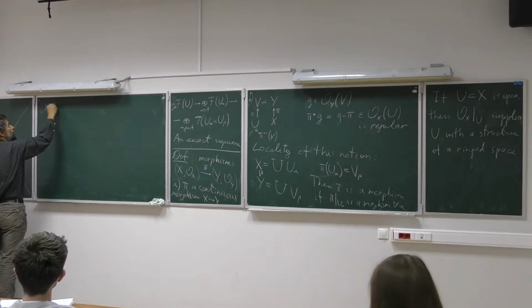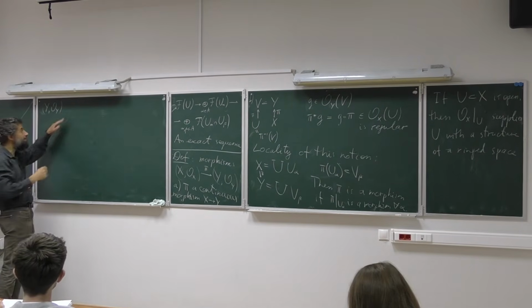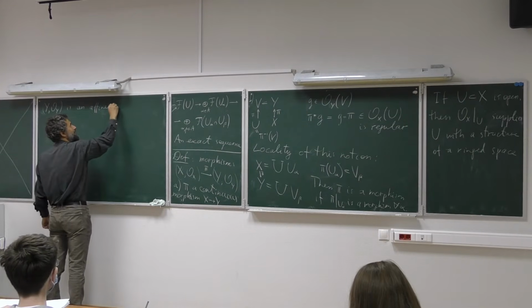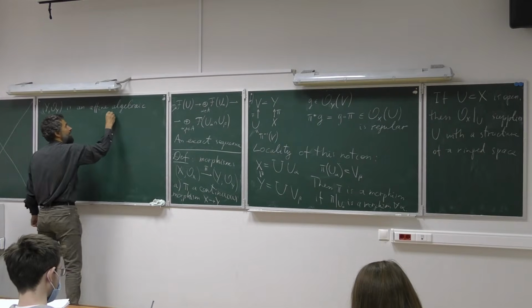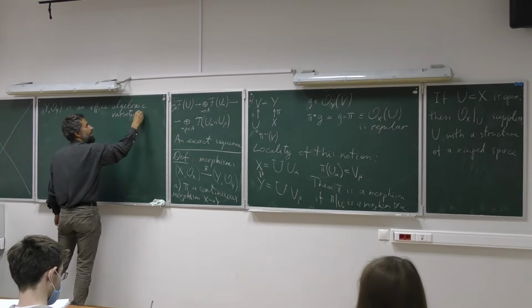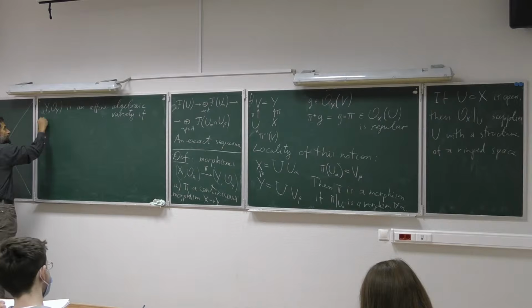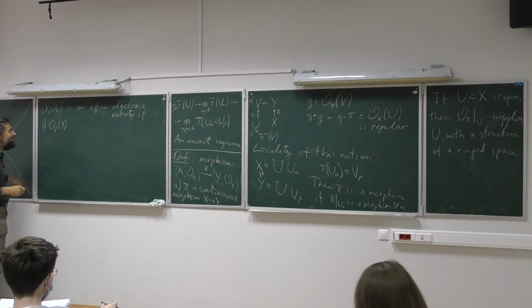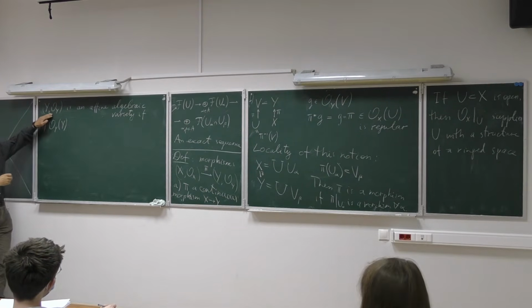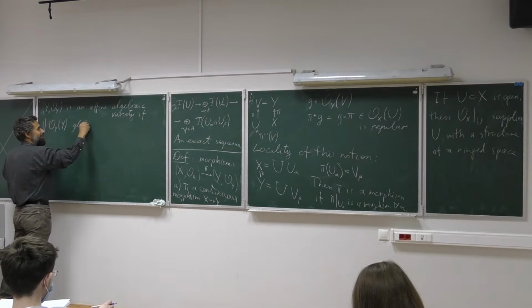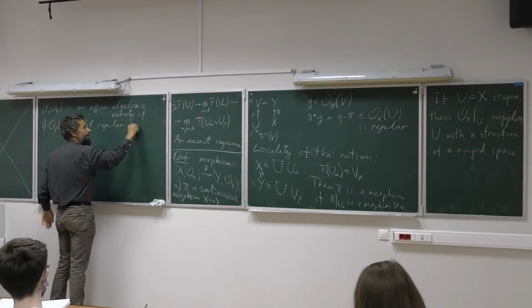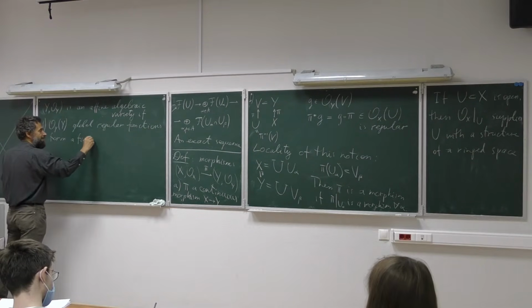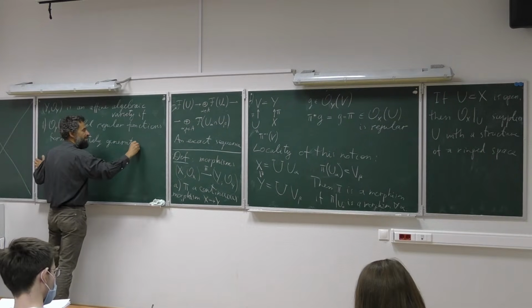I say that Y, a ringed space, is an affine algebraic variety if, first of all, the global sections of Y, just the global regular functions, form a finitely generated K-algebra.